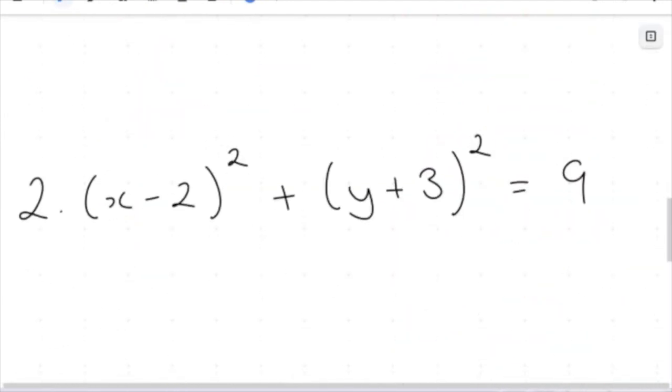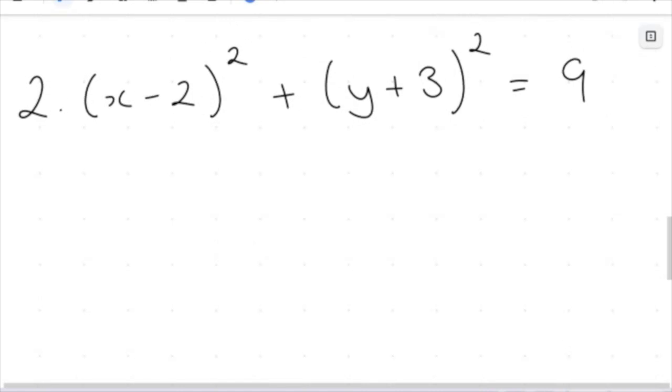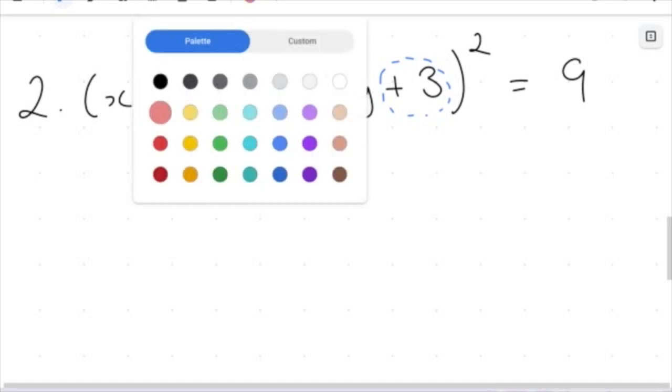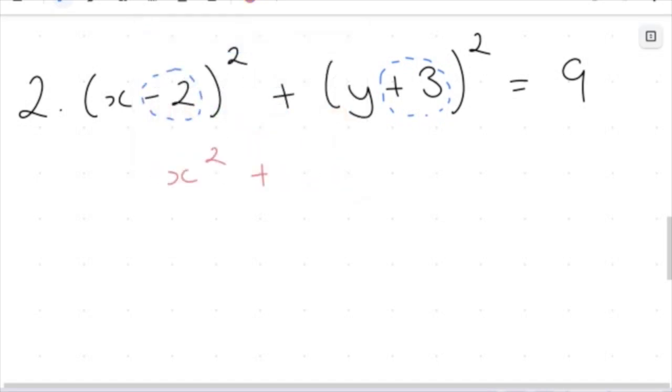Okay, let's look at another example here. And if we remember from our previous videos, this is acting on the x, this is acting on the y. And since this is in the same kind of form, now let's note what equation this is. This is the equation of a circle, which is x squared plus y squared equals the radius squared.